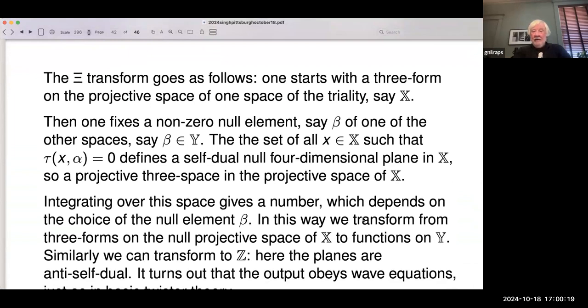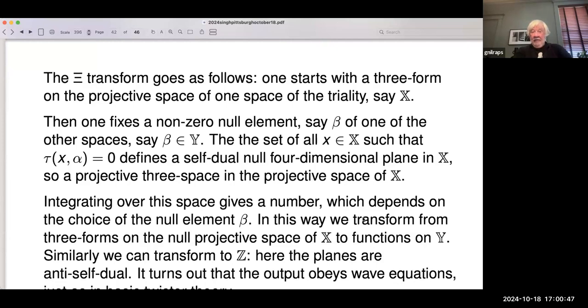So if you start out with a function, say in the null space of X, remember, X is an 8-dimensional vector space. The null space is 7-dimensional. The projective version of that is 6-dimensional. So you start out with a thing in a 6-dimensional space, do an integral, and you end up with something in one of the other spaces.